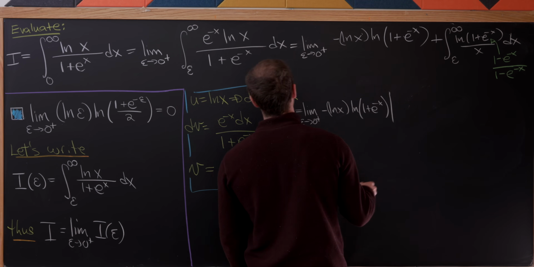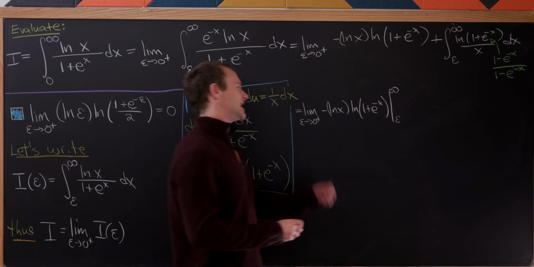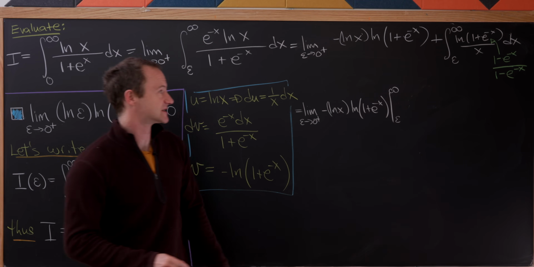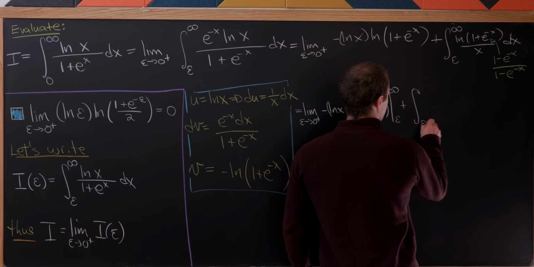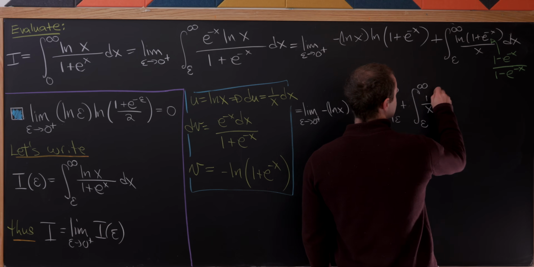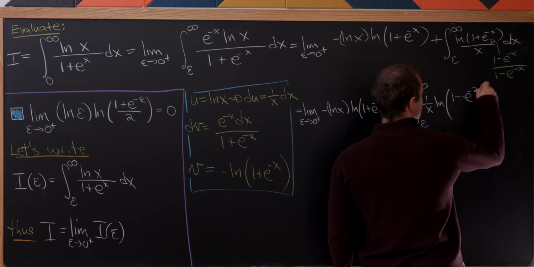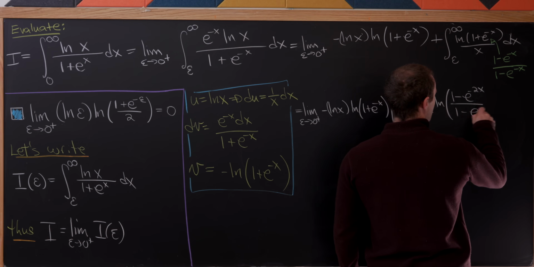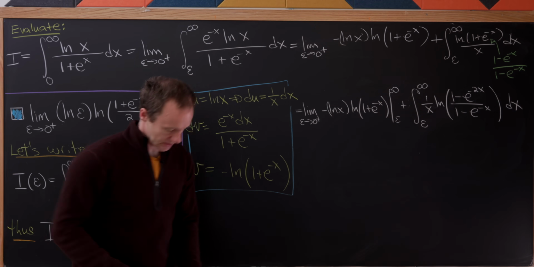That's evaluated from epsilon up to infinity. We'll actually take care of that evaluation at this next step. And then we have plus the integral from epsilon up to infinity of, let's see, 1 over x. And then multiplying these together, we have 1 minus e to the minus 2x over 1 minus e to the minus x dx. Okay, good.